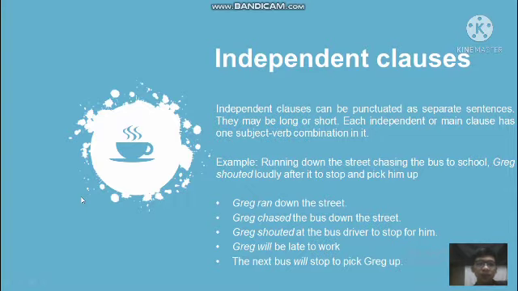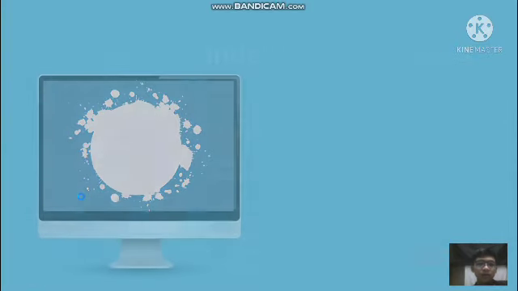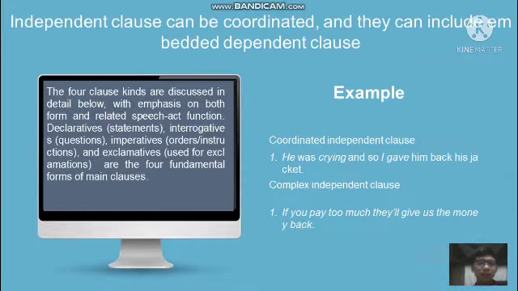Okay? So an independent clause can be coordinated and can include an embedded dependent clause.